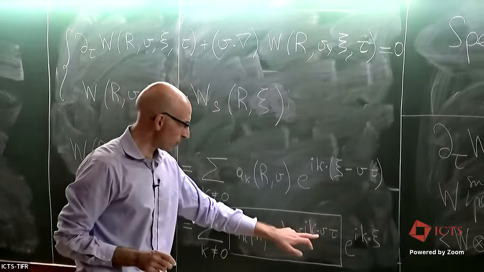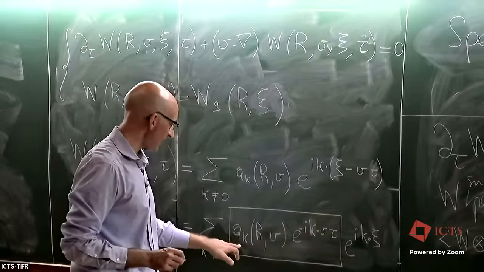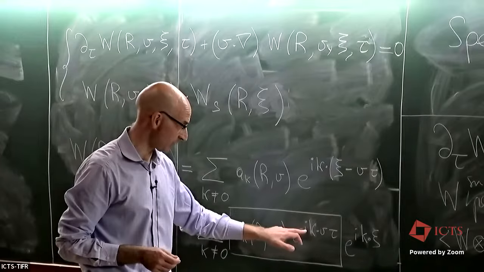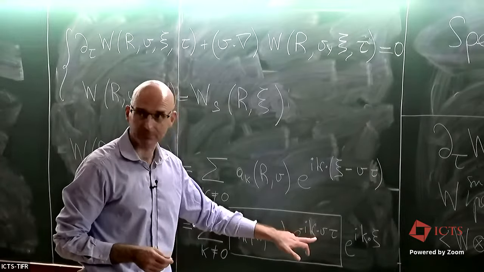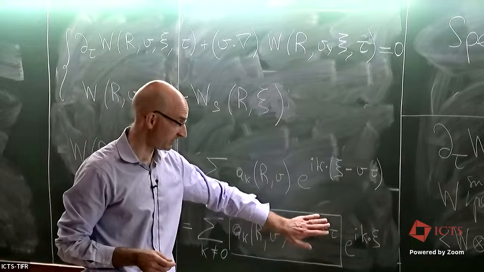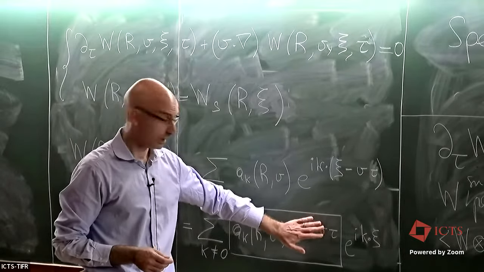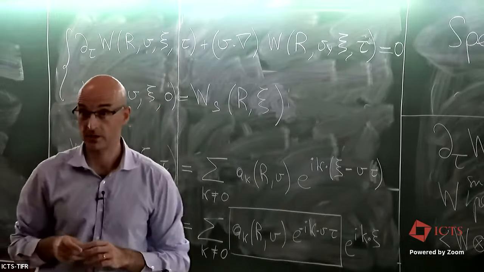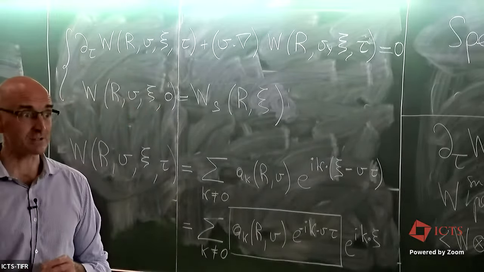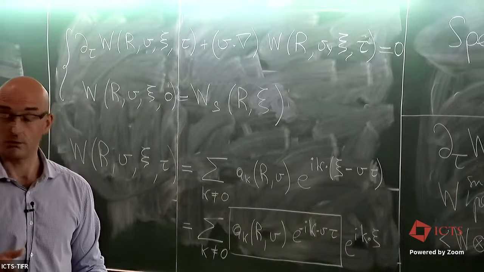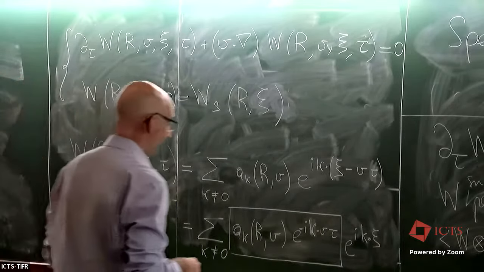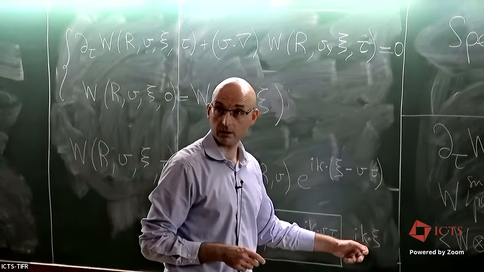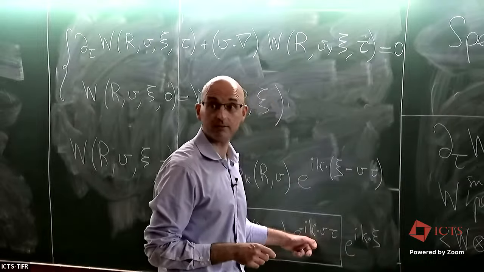When I substitute lambda tau, I get a k of r and v, which is slowly varying, but then I have e to the minus i k lambda v dot tau. This one is not slowly varying. It's actually oscillating very fast. And all the point in my analysis was that I had something slowly varying multiplied by something fast oscillating. And this does not satisfy it.